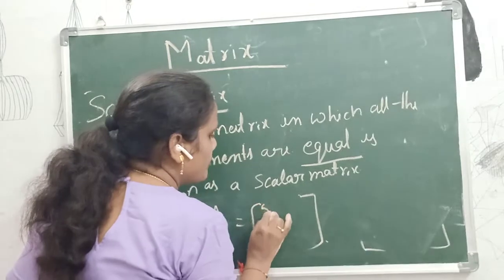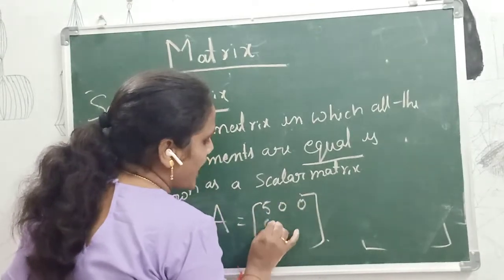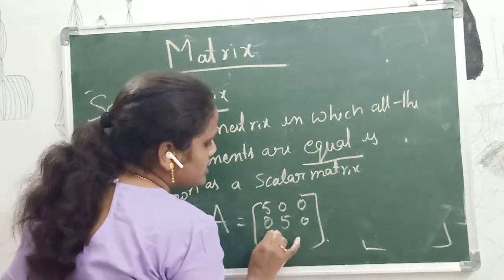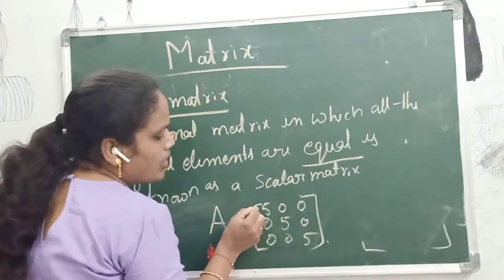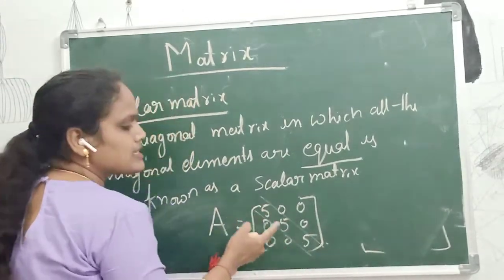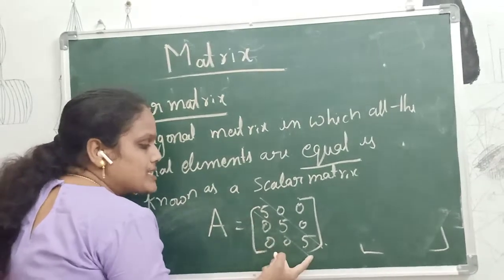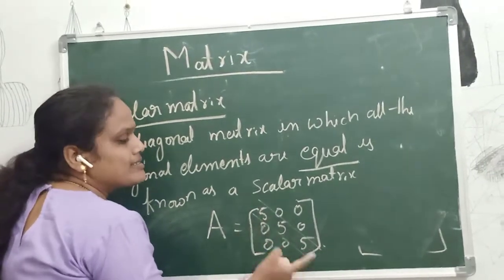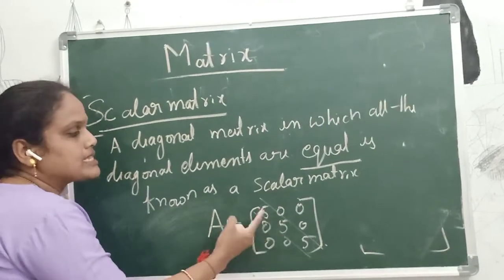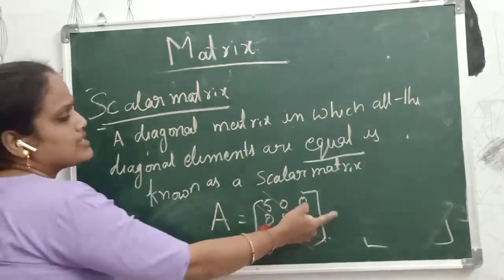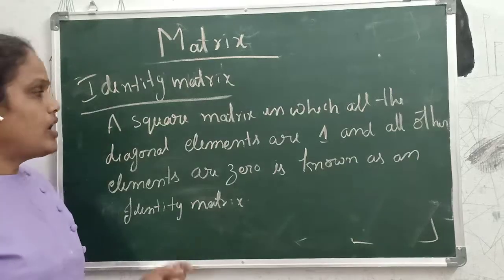For example, 5, 0, 0, 0, 5. All the diagonal elements are the same. If it is 5, it is 5; if 7, then 7; if 10, then 10. They are all equal. This type of matrix is called a scalar matrix.